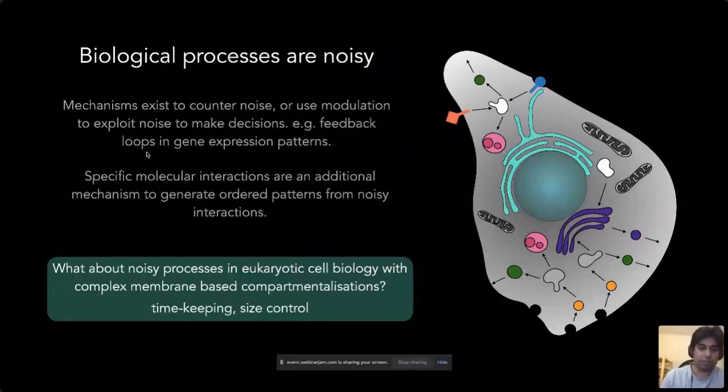Sometimes molecular interactions use noise as a means to have a play within the space in which they can interact and give rise to different properties. So what we want to ask here is, if you take the case of membrane-bound organelles, essentially endosomes, Golgi, mitochondria, when there is exchange of materials between them, what gives rise to noise, and how do the molecular interactions help to suppress it?